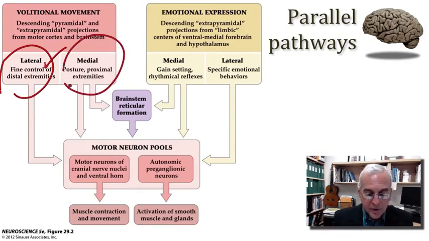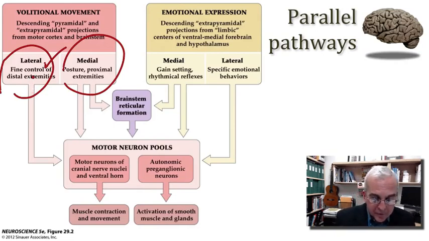And then there are medial components that are arising primarily in the brainstem, and they're concerned with adjusting posture, as well as governing the more proximal limb muscles that are necessary in order to express behavior with the distal extremities.